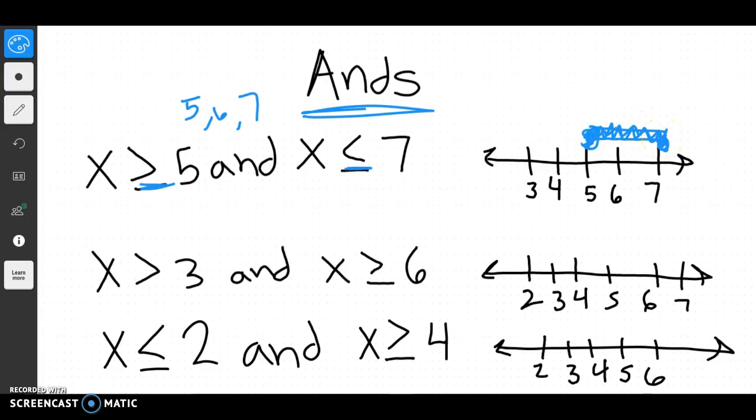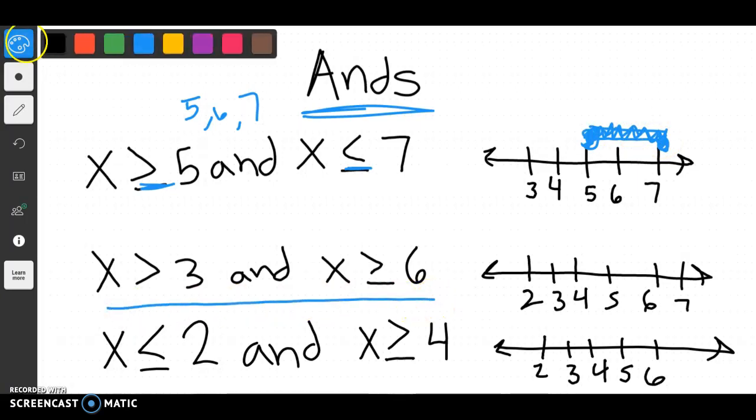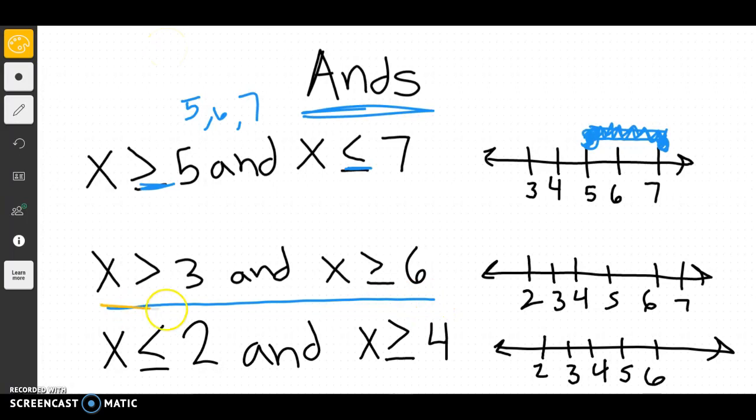Okay. Let's look at this statement right here. So in this one, we have x is greater than 3 and x is greater than or equal to 6. So if I would graph this, x is greater than 3, that would be an open circle, and it would go like this. At 6, it'd be a closed circle, and it would go like this. And if we look at the overlap happens here.